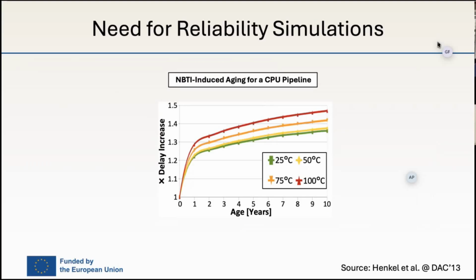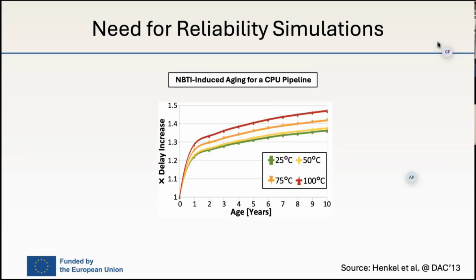Also, it is very difficult to do reliability research on real processors because reliability is a long-term phenomenon. It takes years, nearly half a decade or maybe even a decade, for a chip to really break down and show significant wear.